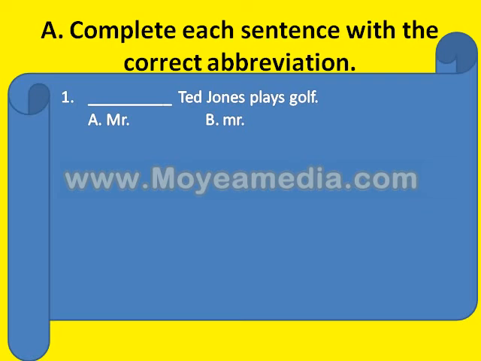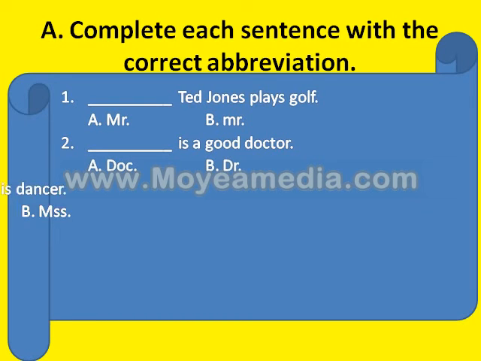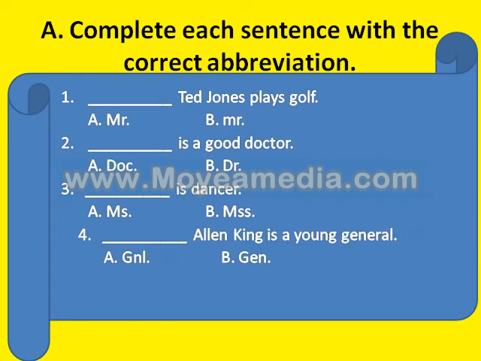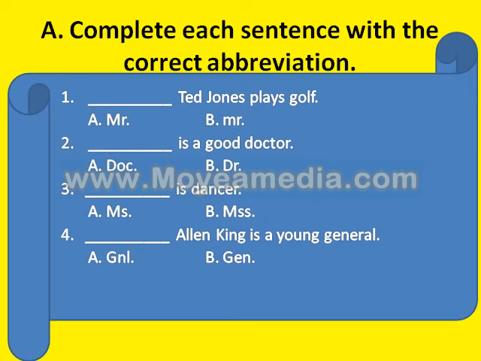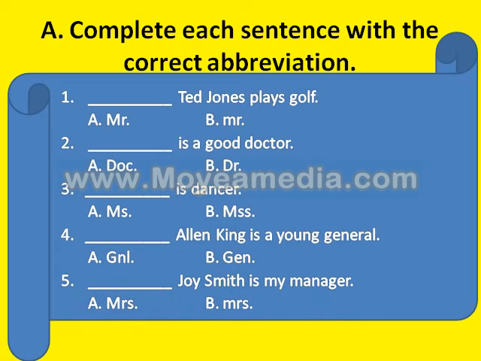Blank Ted Jones plays golf. Number 2, Blank is a good doctor. So what is the abbreviation for doctor? Number 3, Blank is a dancer. Number 4, Blank Allen King is a young general. And number 5, Blank Joy Smith is my manager.